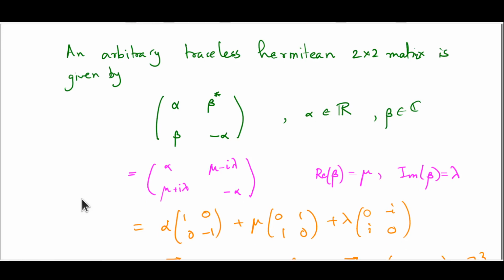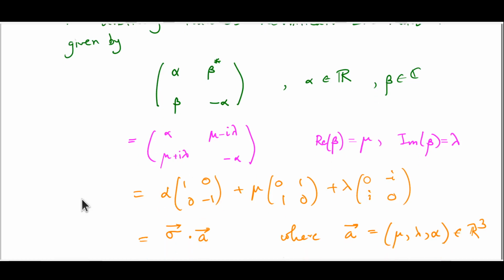So basically this is of the form sigma dot A, where A has components mu, lambda and alpha. So not only is the matrix sigma dot R a traceless Hermitian 2x2 matrix, every traceless 2x2 Hermitian matrix can be written in this particular form.